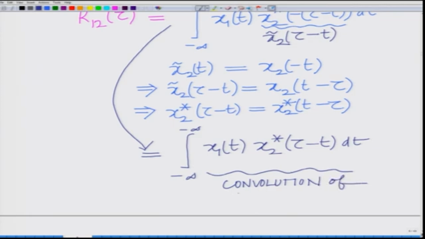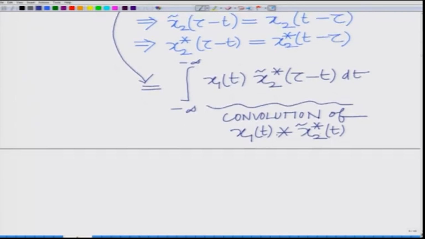It follows from the definition of convolution. But x2 tilde conjugate (t) is equal to x2 conjugate (minus t). So, this is the convolution of x1(t) with x2 conjugate of minus t.